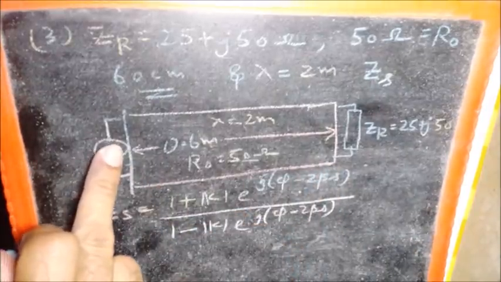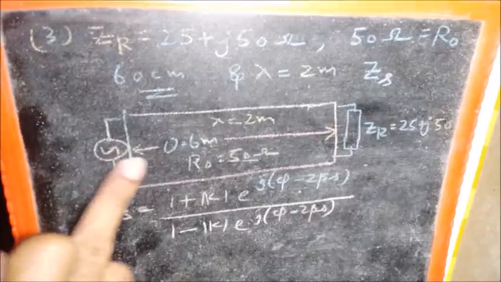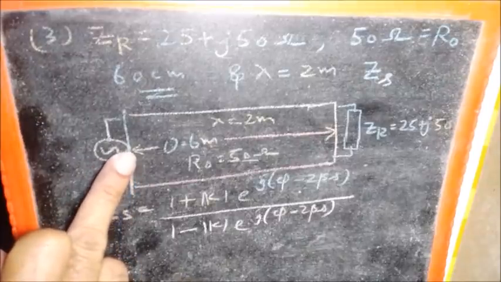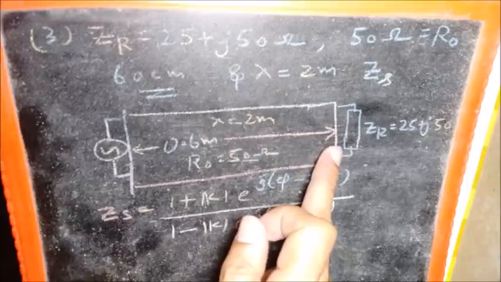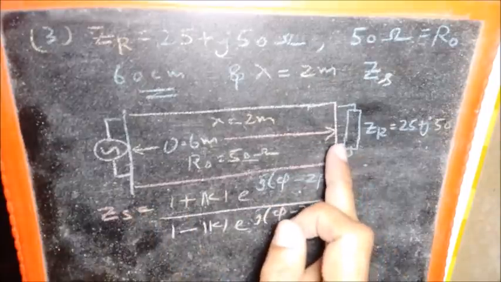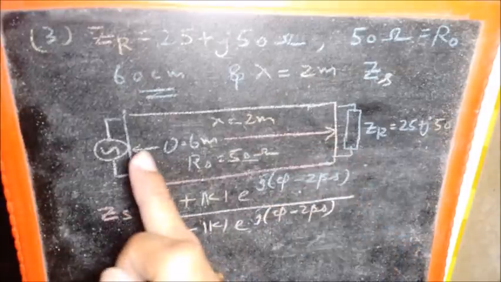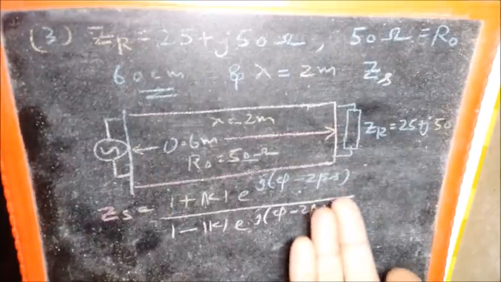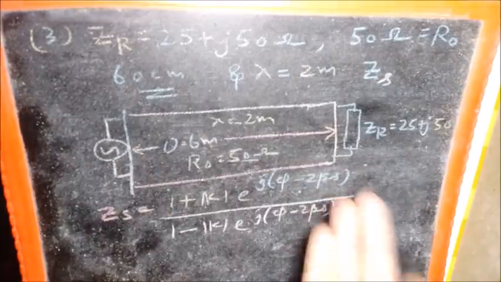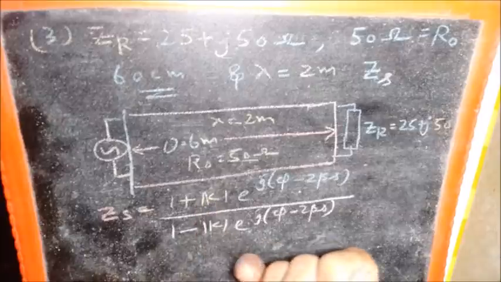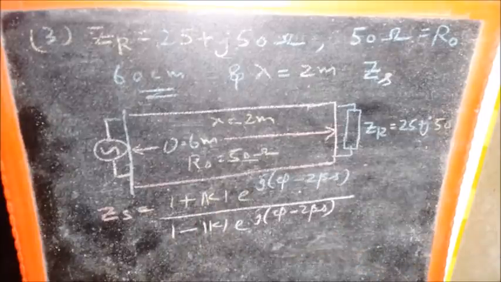The impedance in general as a function of S is this; when S is equal to 0.6, what is the value? That's all you have to find out. But to do that, we should know K and beta. So let us do that.